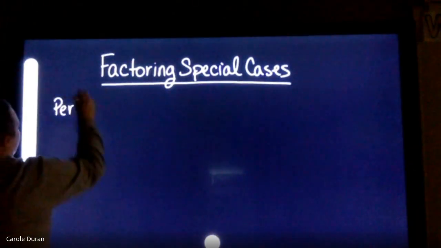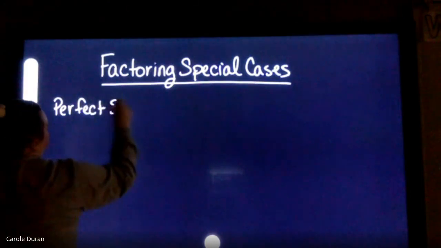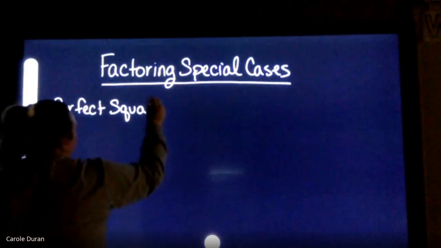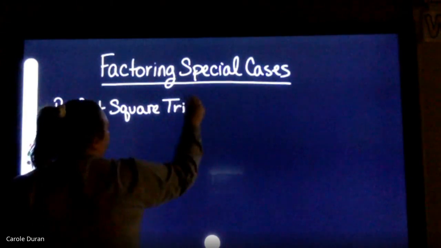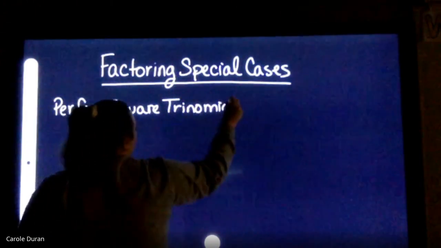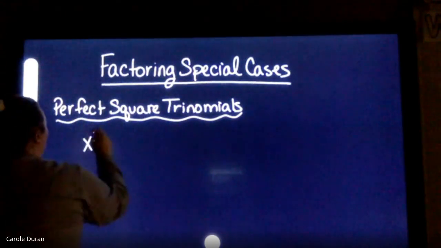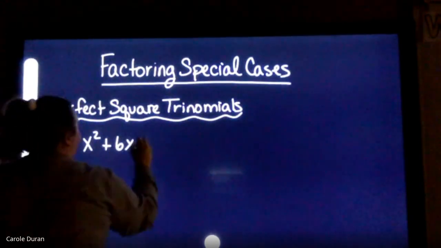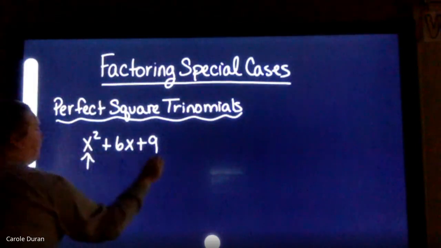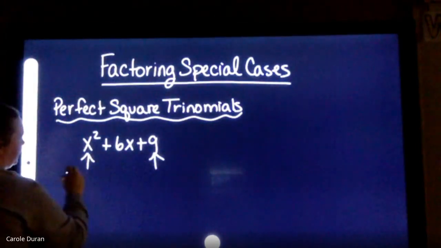Okay, so first we're going to start with perfect square trinomials. Perfect square trinomials are unique in the fact that the first term and the third term are both perfect squares.